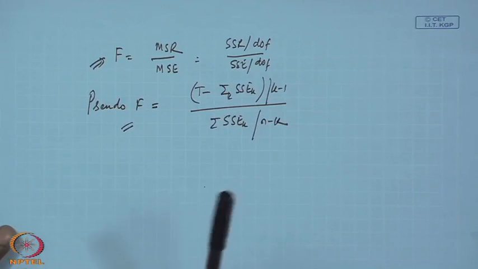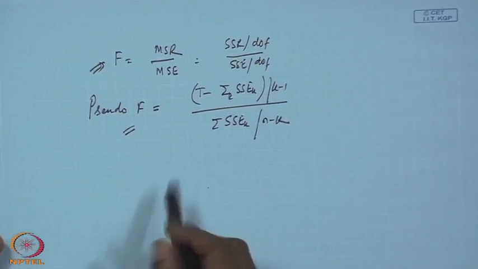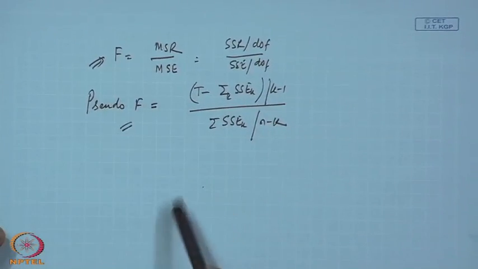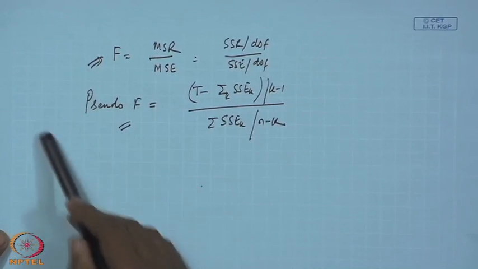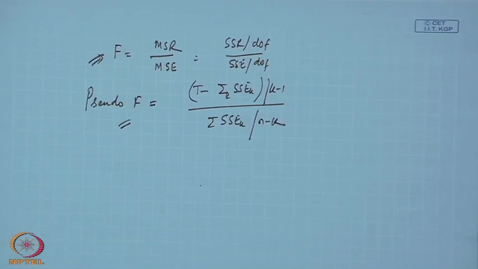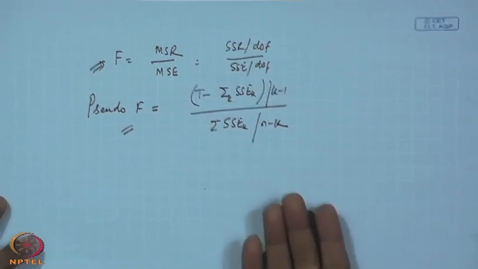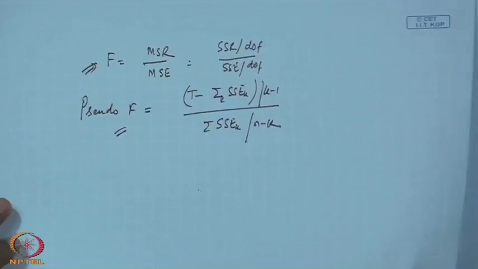Is it multivariate normal? If not, how can we say this will follow an F distribution? That is why we talk about a pseudo F distribution. Okay. And in a similar manner you have to decide the number of K.